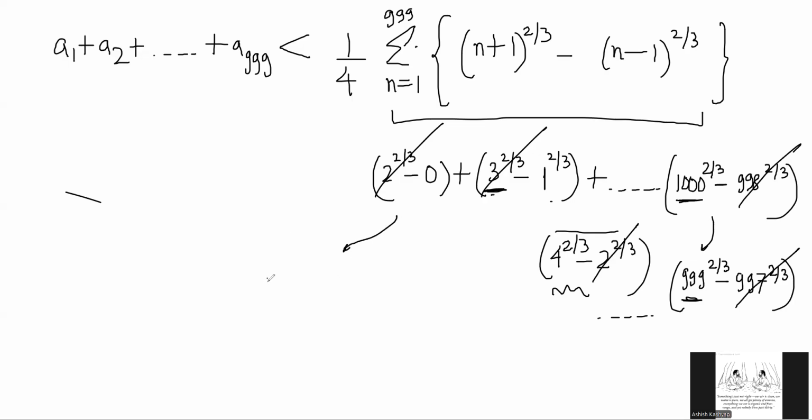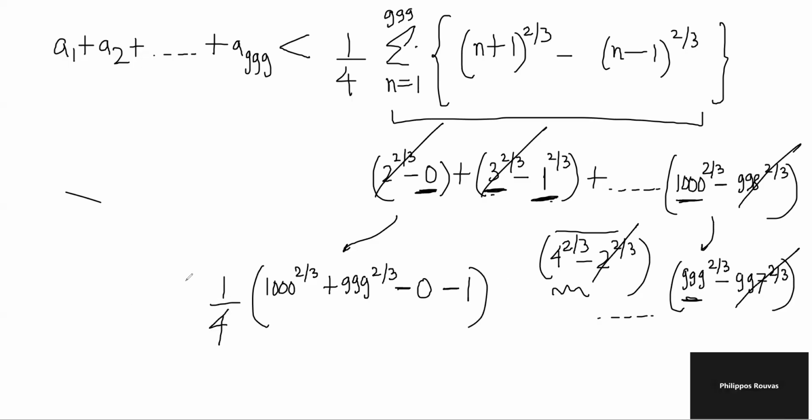I think what will be left is 1000 power 2 by 3 plus 999 power 2 by 3 and these 2 terms minus these 2 terms, right? So the required sum is less than this.